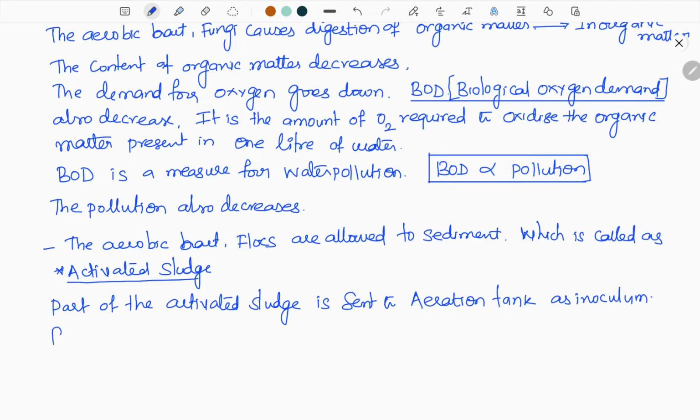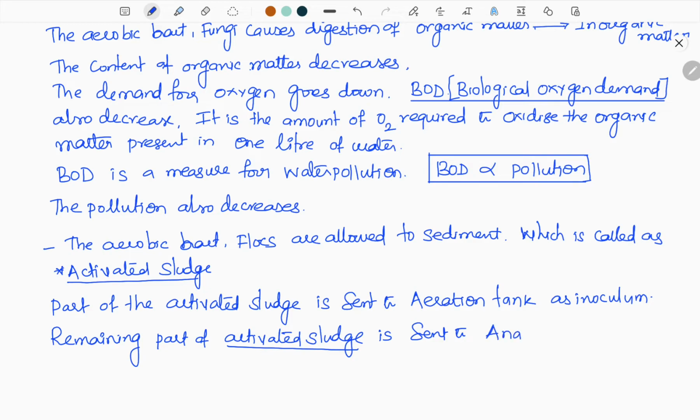And the remaining part of the activated sludge is sent to anaerobic sludge digesters.